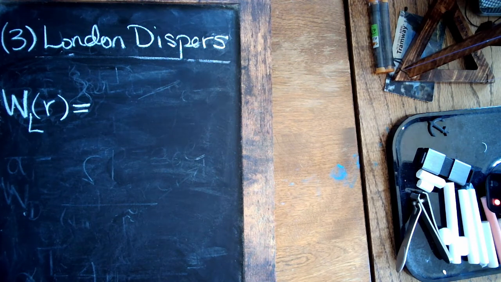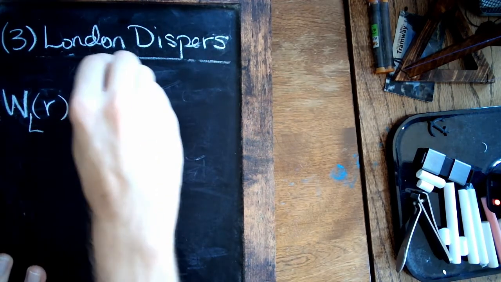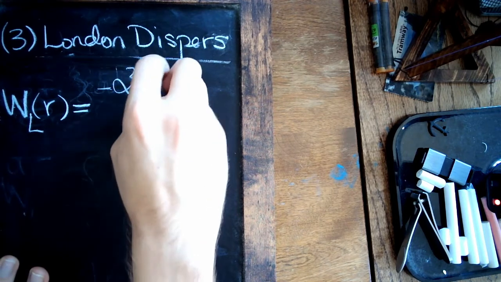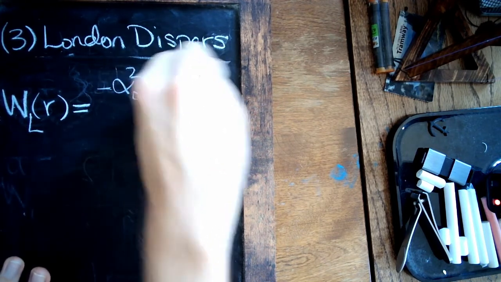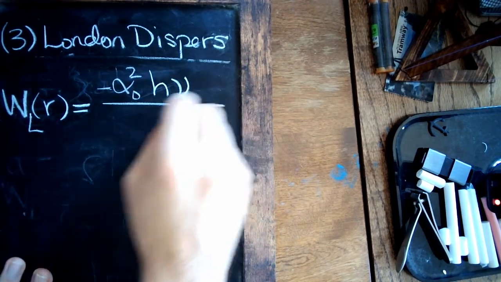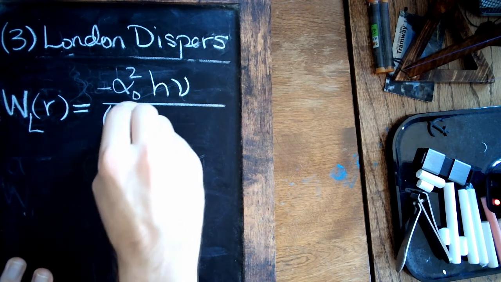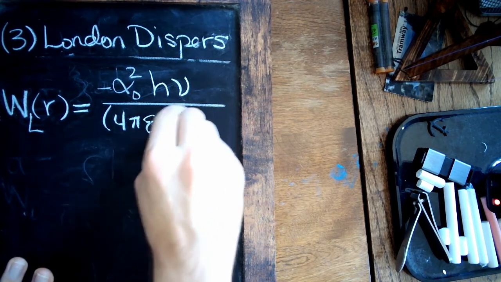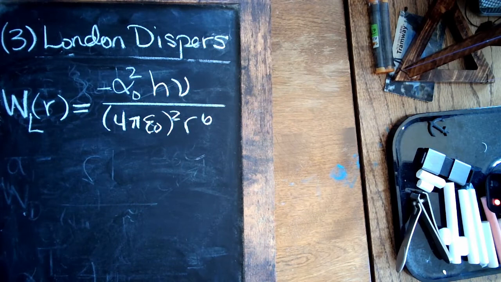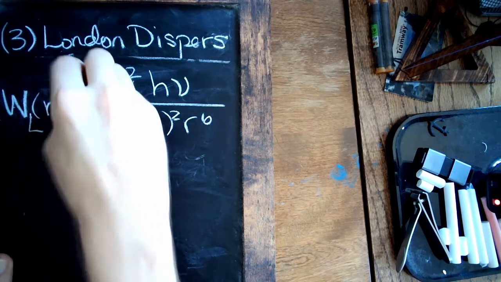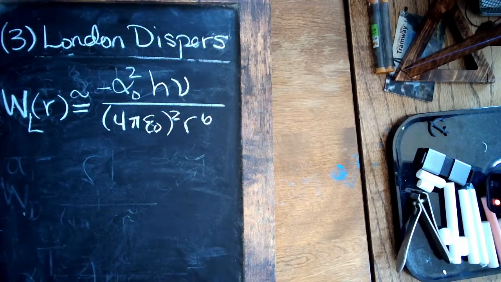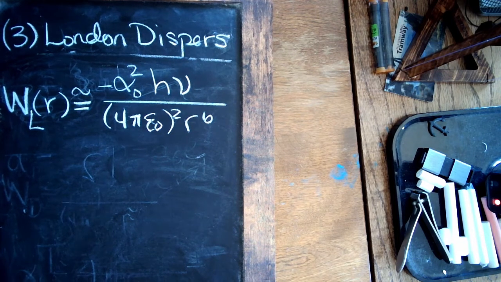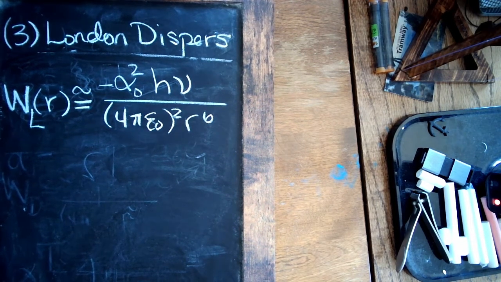It would simply be minus alpha 0 squared times h nu divided by 4 pi epsilon 0 squared r to the 6. Now this is of course only approximately true. There's some numerical factor that's a bit off with this.